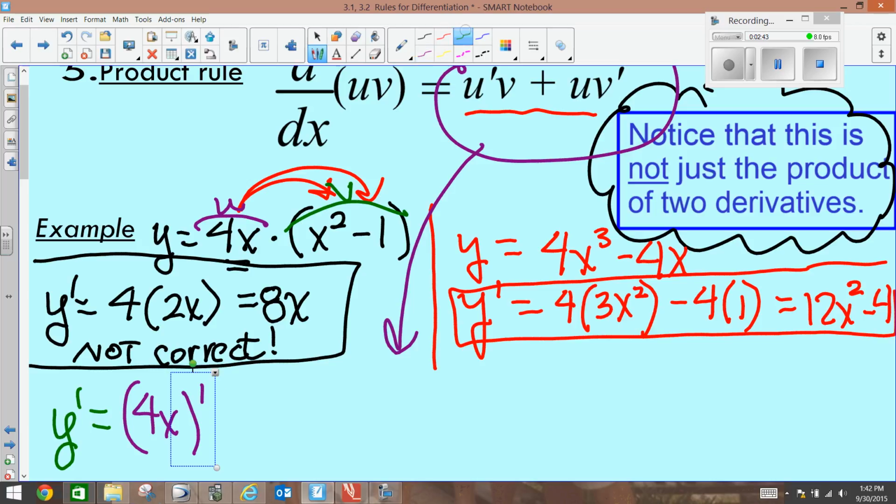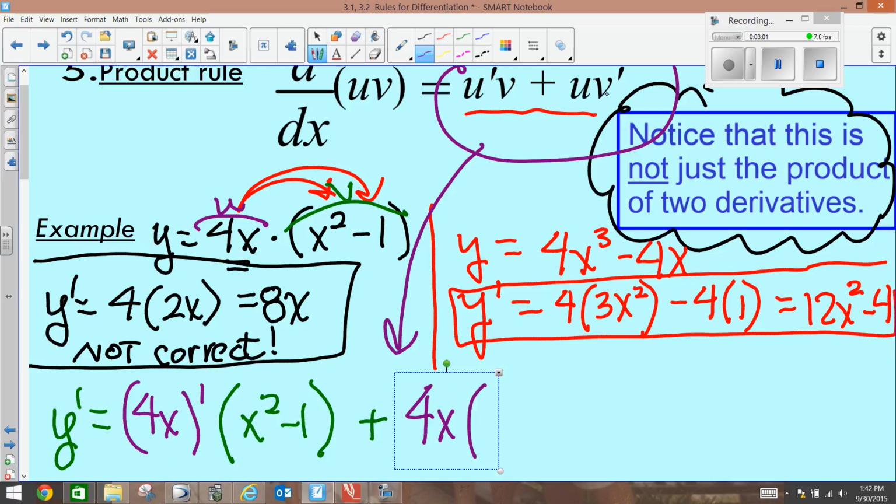V is green. So v is x squared minus 1. Okay, plus u, just plain old u, no prime. So u is 4x times the derivative of v prime, which is green, x squared minus 1 prime.